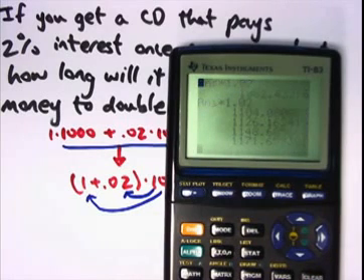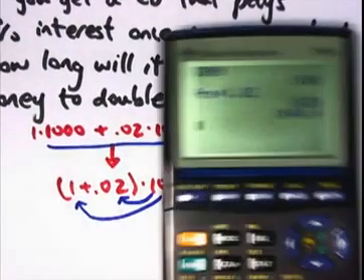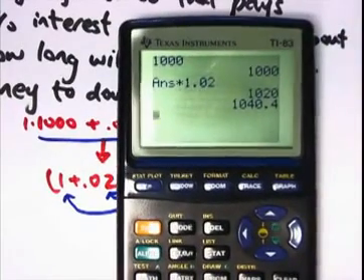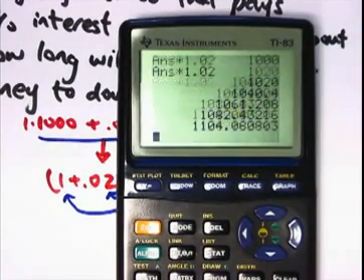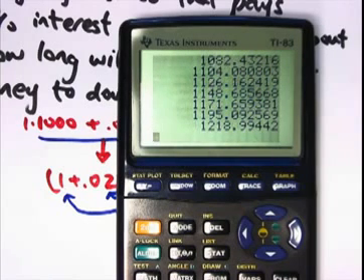Should I do that? 1,000 times 1.02. Here's what it is after 1 year, after 2 years. Just hitting enter here. After 3, 4, 5, 6, 7, 8, 9, 10. Do I have to keep going?